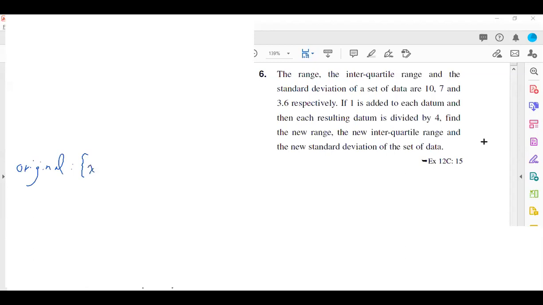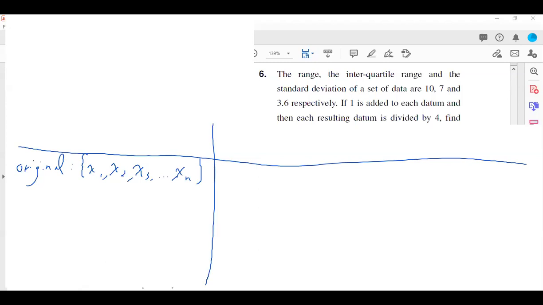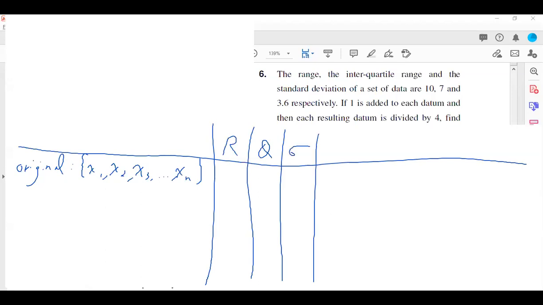The original is x1, x2, x3 up to xn. And then what we are going to do is the new range. The interquartile range, the standard deviation, the variance, and then the mean, the mode, the median.